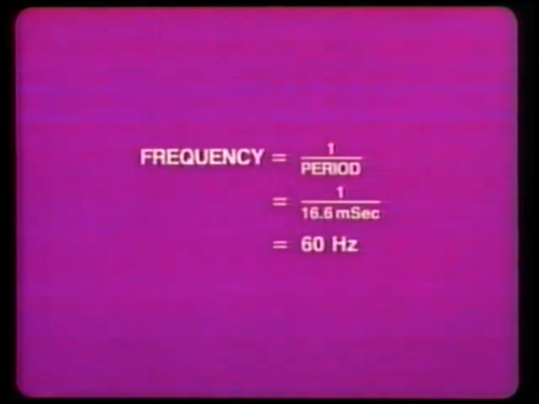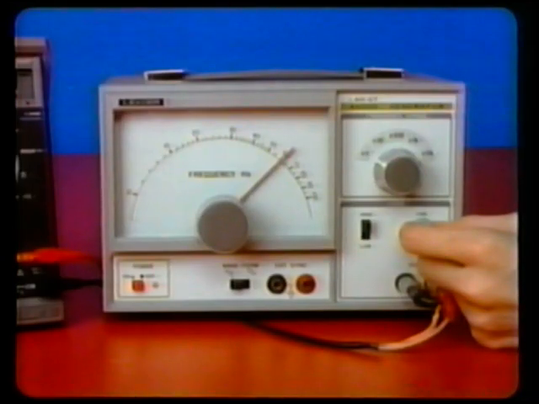You can calculate the frequency or cycles per second by dividing 1 by the period. In our example, you can find the frequency by dividing 1 by 16.6 milliseconds. The frequency is 60 hertz. Remember, 60 hertz was the setting of the audio generator.